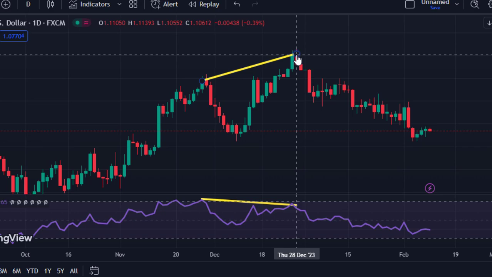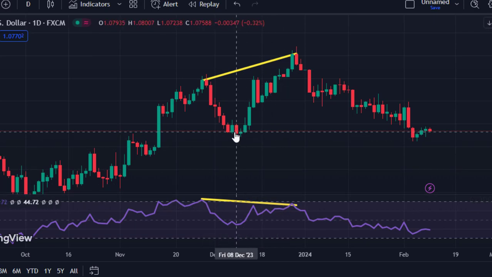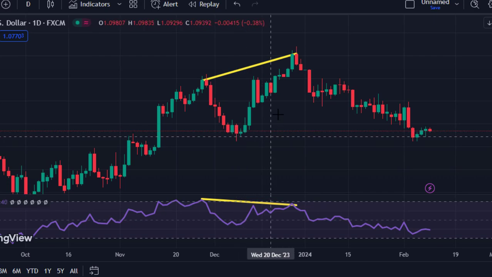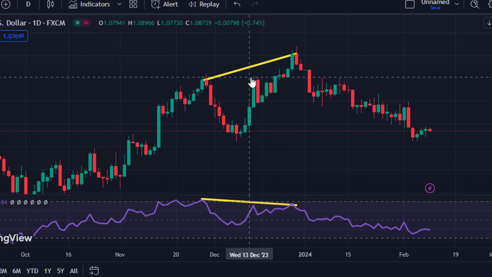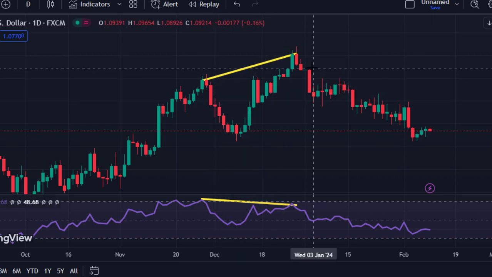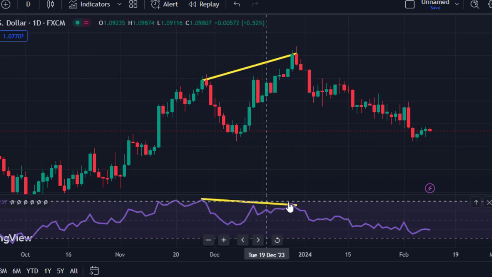Now, this creates a difference between the price chart right here and the indicator. These differences indicate that the market is about to turn. Okay, there will be a change in market trend. So in this case, we call this very movement divergence between the price chart and the indicator.